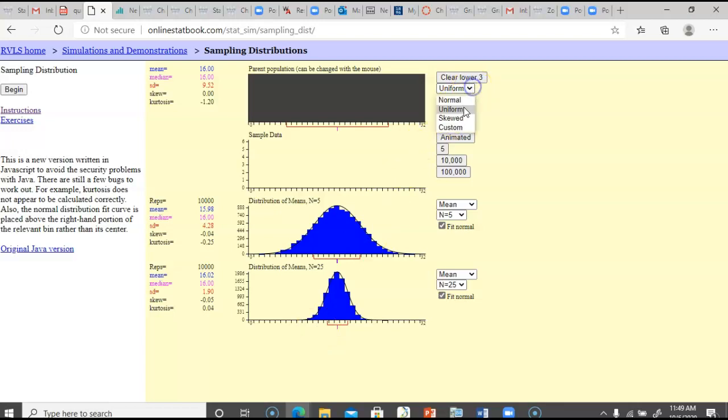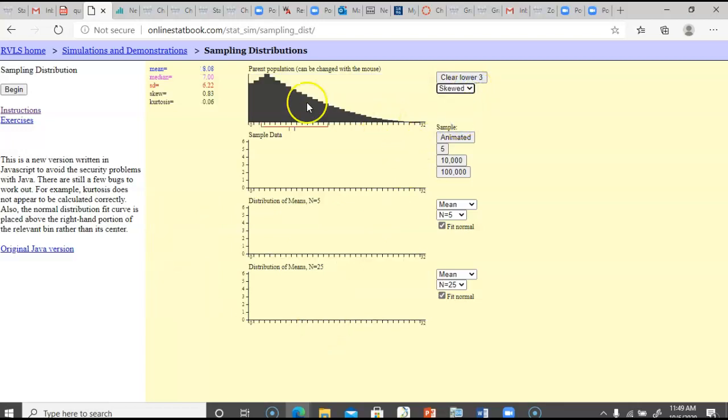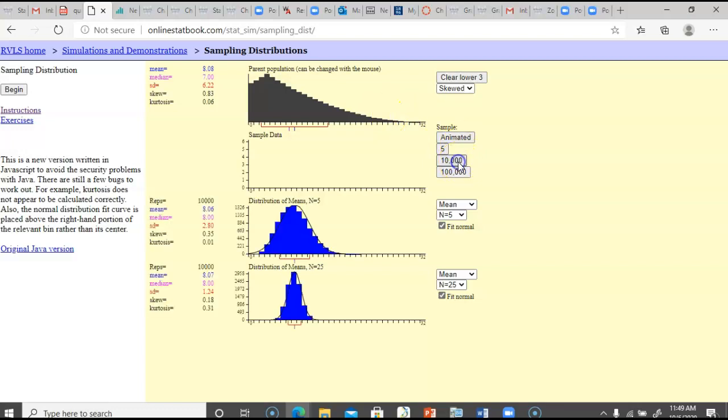If I look at a skewed distribution, something that's skewed to the right, and I plot those, I see that I have a distribution that is normally distributed in each of these cases. So even though my parent population was not normally distributed, the distribution of the means is going to be normally distributed.